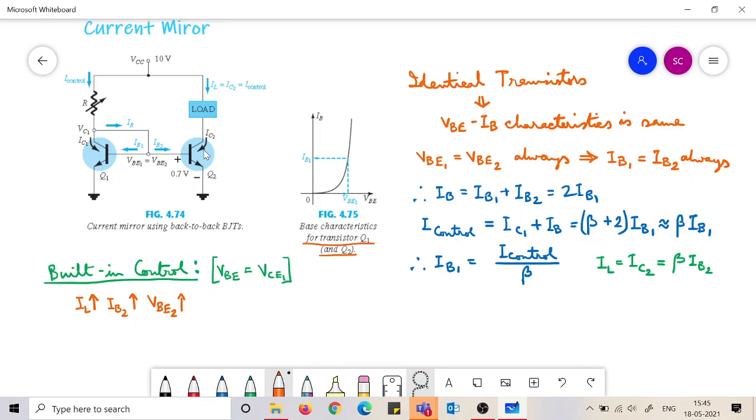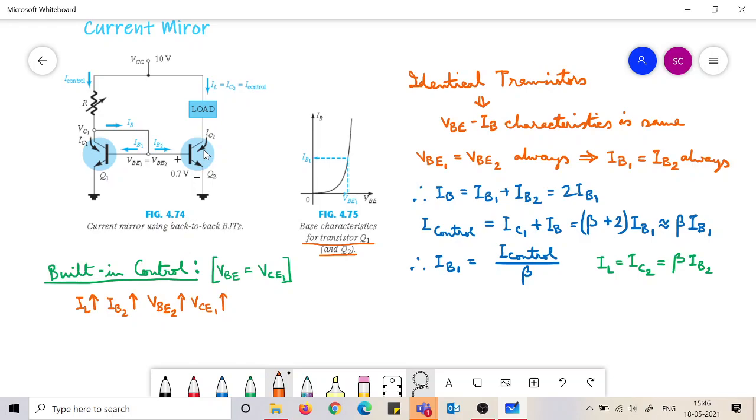But this ground is in emitter. So the VCE1 is basically equal to VBE2. So VBE2 increasing will also make VCE1 increase. When VCE1 increases, what happens? This I control will decrease because I control is nothing but VCC minus VCE1 divided by R.